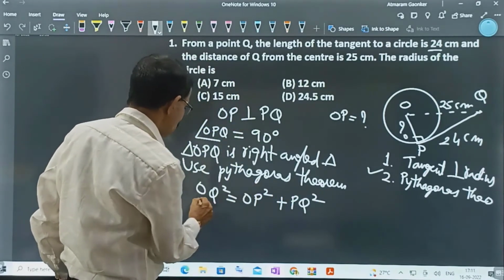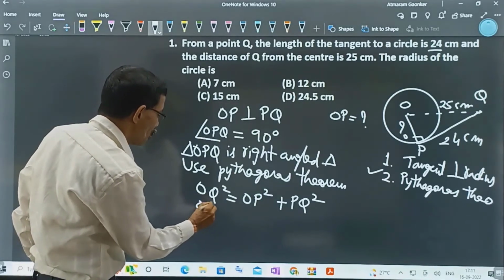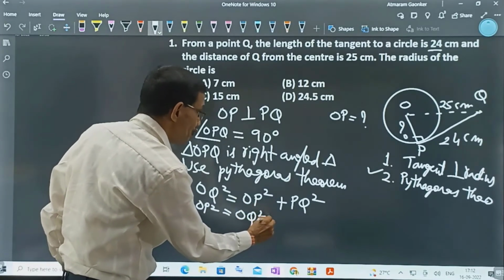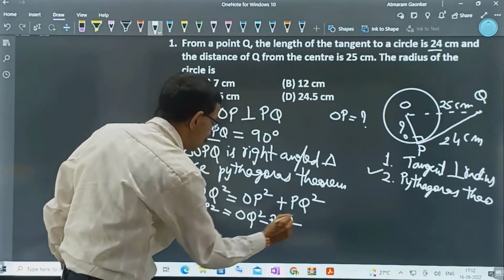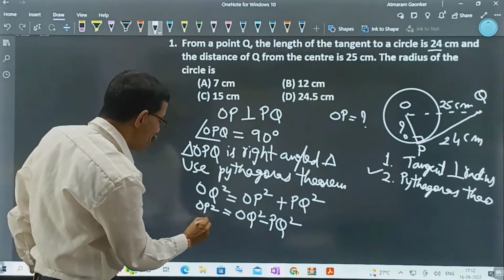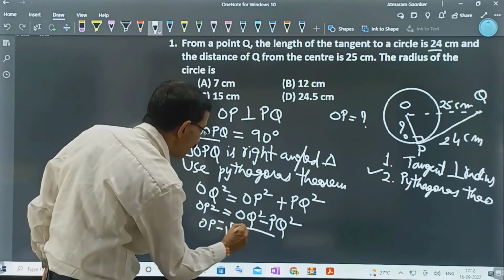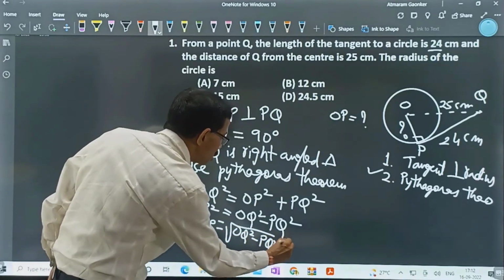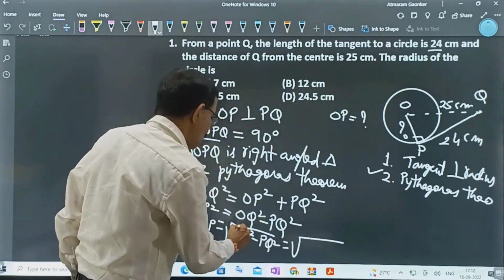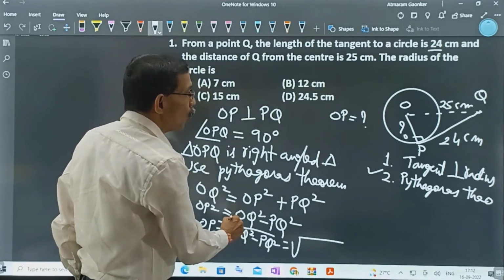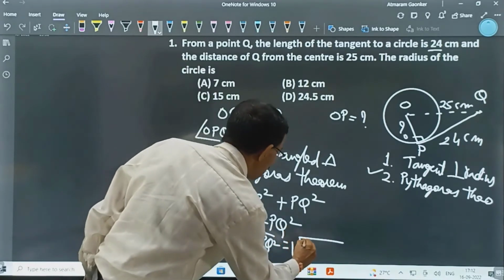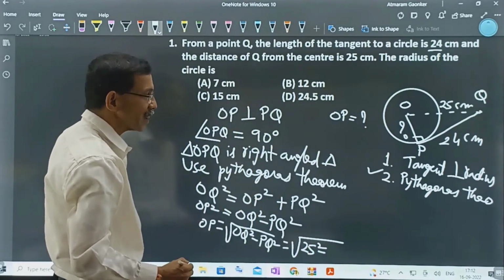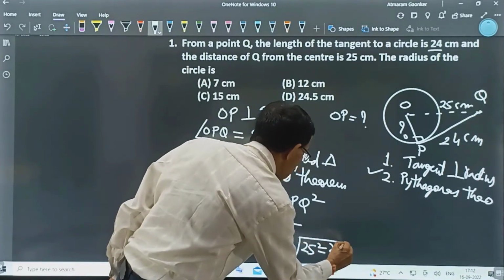Now we require OP, so I will keep OP on one side, so it will be OP square equal to OQ square minus PQ square. Further, I can write OP as equal to square root of OQ square minus PQ square. OQ is given as 25 centimeters, so it will be 25 square, and the second is 24 square.